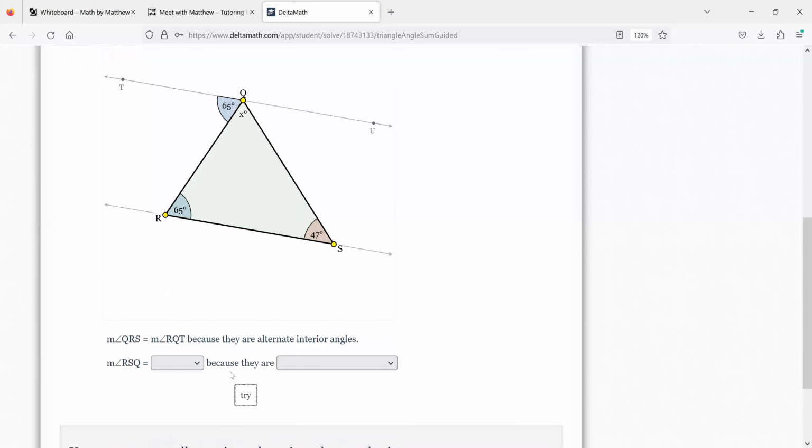There it is. All right, now RSQ, that is this 47. So that one's going to come up here. So we're looking for UQS or SQU for the angle. SQU, and they're alternate interior angles.